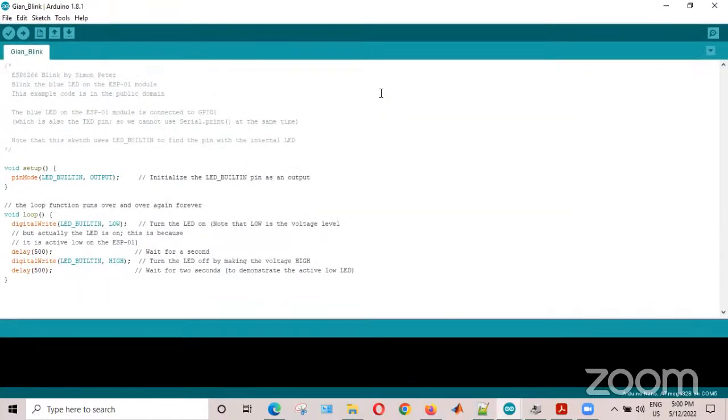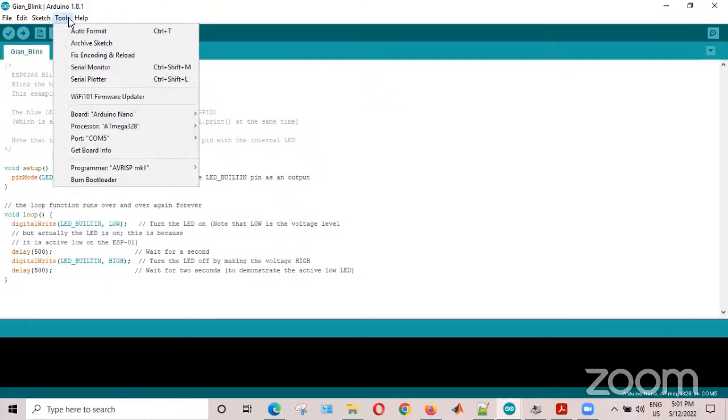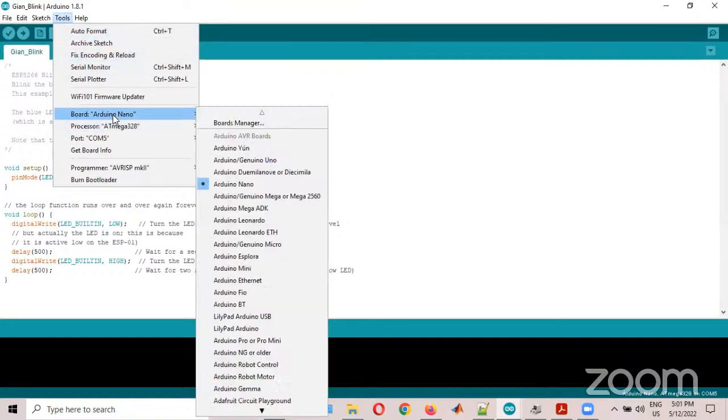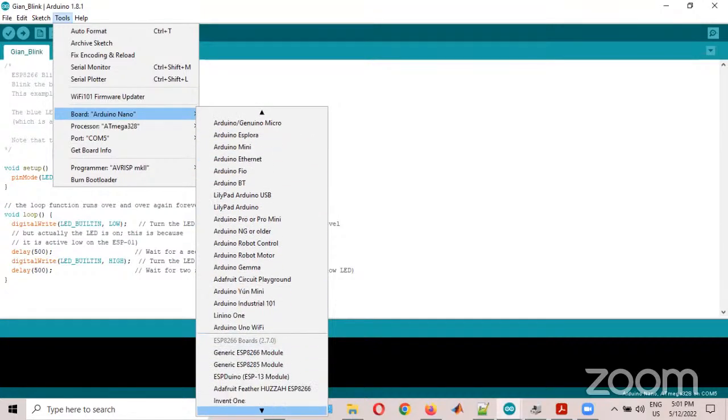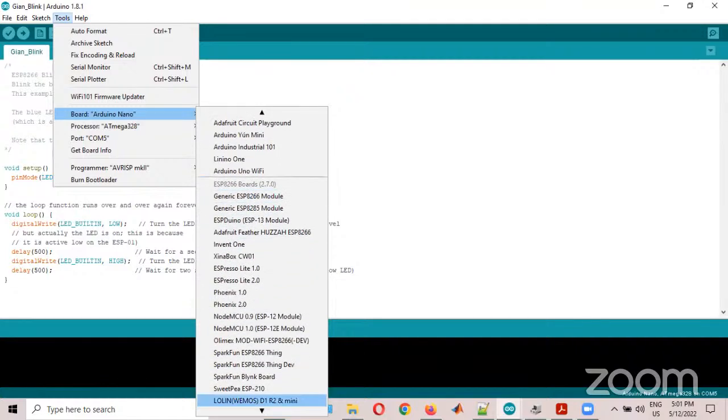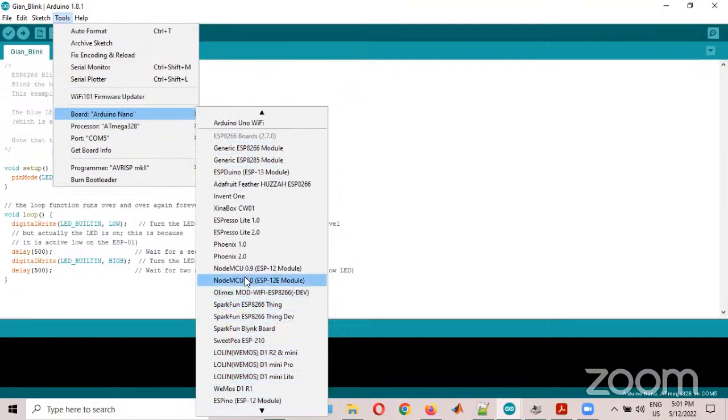Now I will connect Node MCU with the computer. As soon as I have connected the Node MCU with the computer, in tools the board is Arduino Nano that we selected first. Now we have to change it to Node MCU 1.0 ESP12E module.